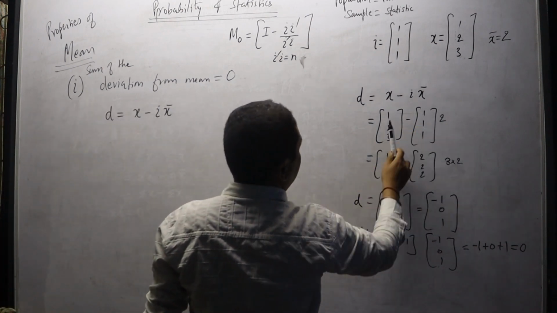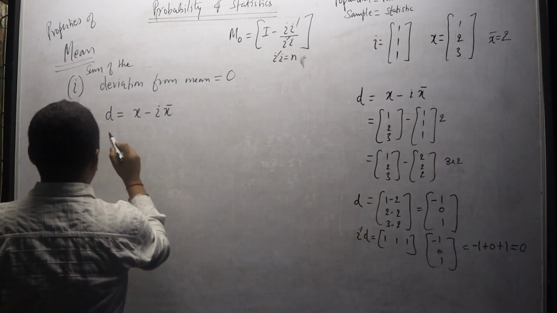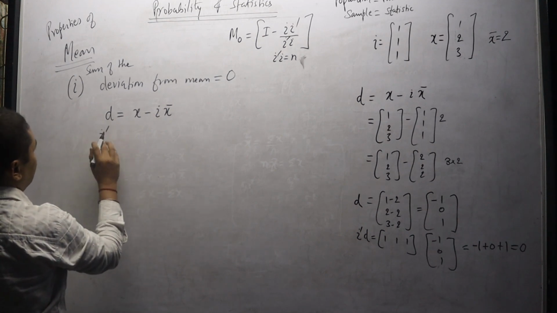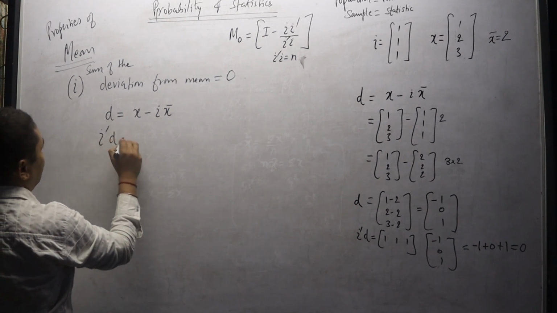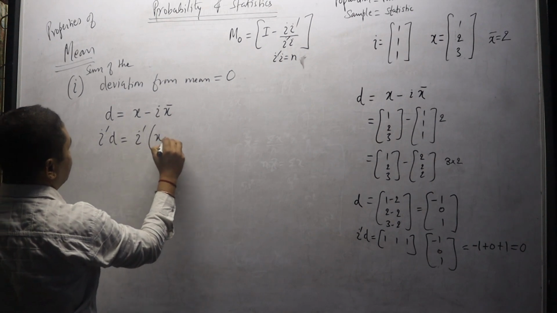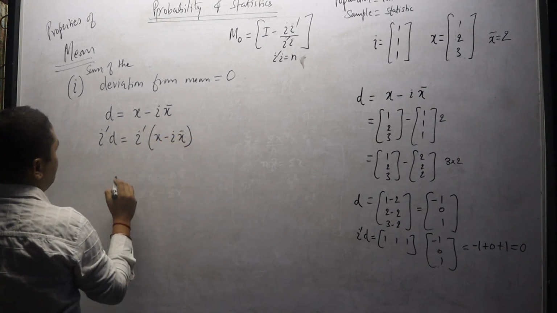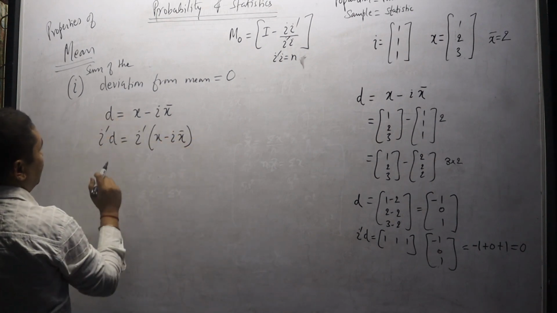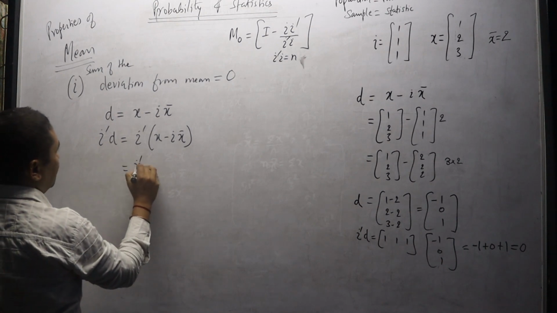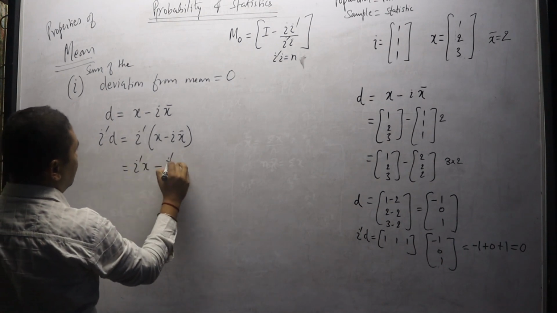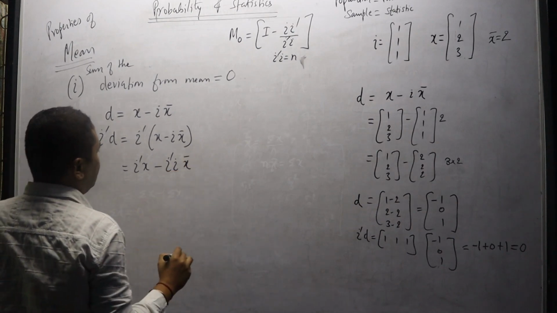If we compare it with this, let us take the sum. In matrix notation, taking the sum means we use i transpose d. This is equal to i transpose times x minus i x bar. So this is equivalent to the summation of the deviation. Now let us operate it: i transpose x minus i transpose i x bar.